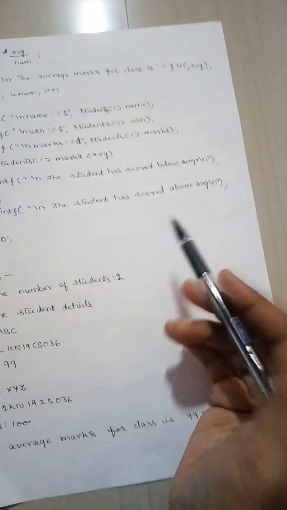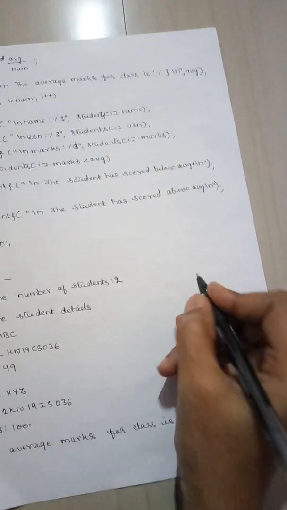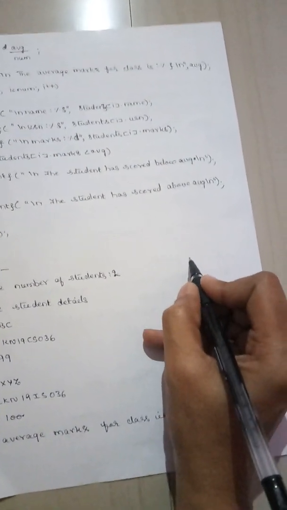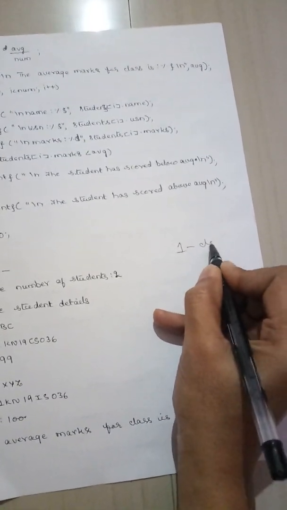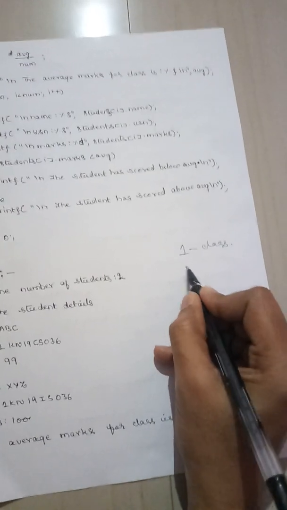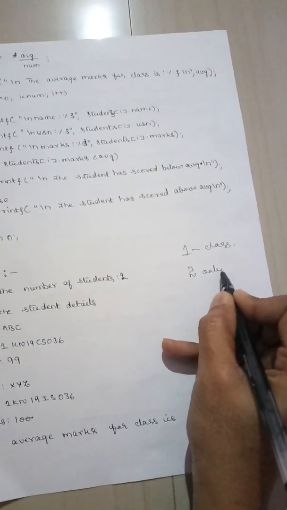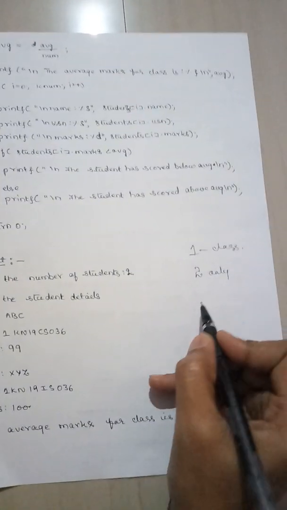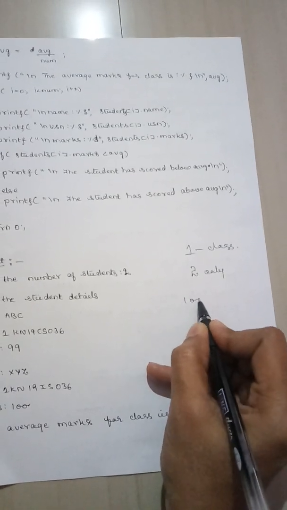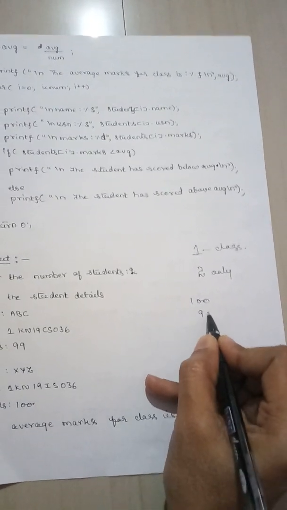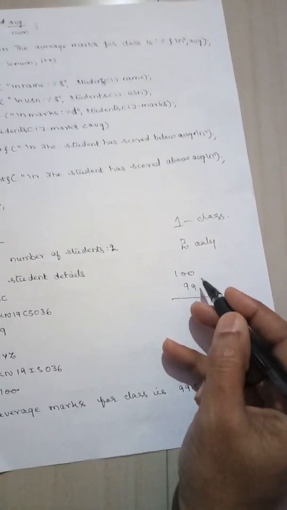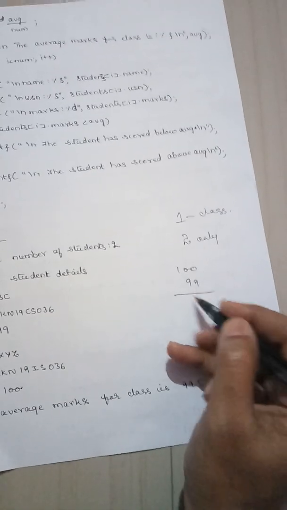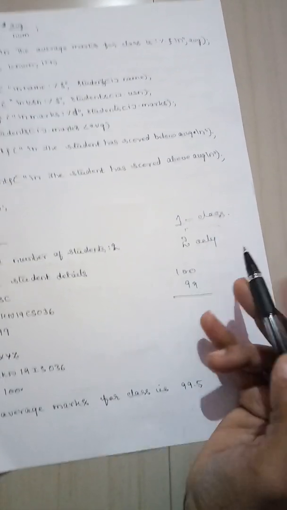So make the total of these student marks. In a class we have considered there are only 2 students. One has scored 100, one has scored 99. Now make the total of the marks of the students of the class.